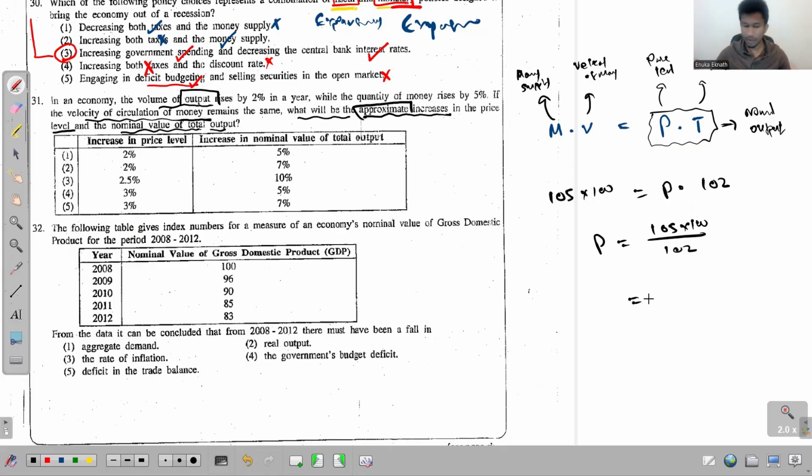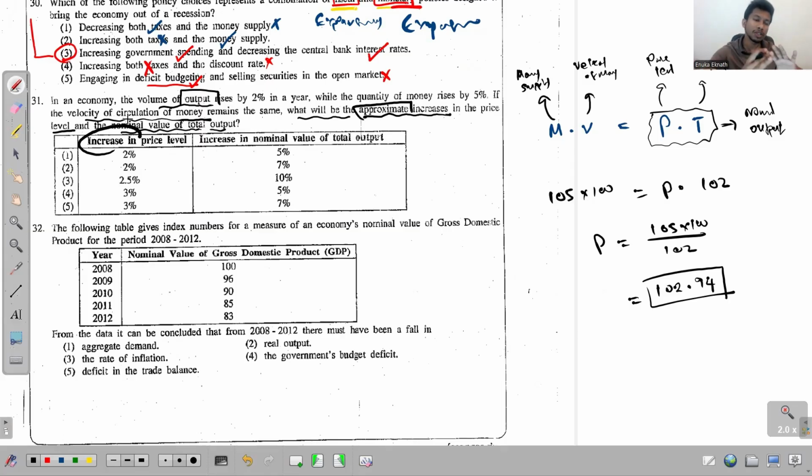So for P, you will have this value 105 multiplied by 100 divided by 102. So the value will be 102.94. See that now? This is the value of P. But the problem, this 102.94 is this year's value, but the question asks us to recognize the increase.